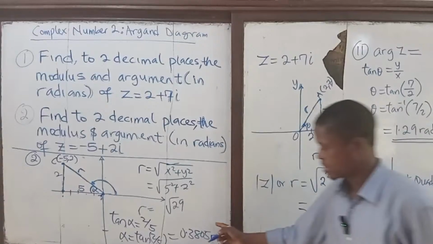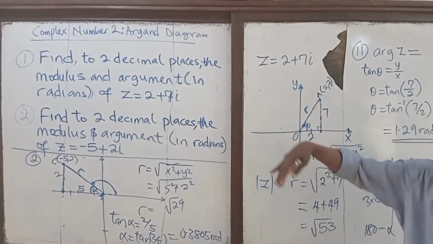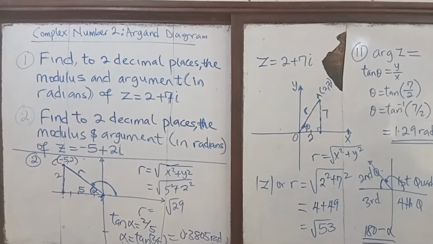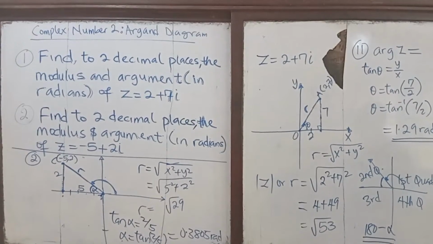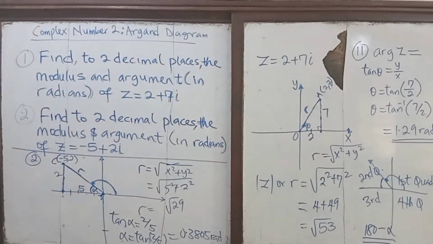You can stop here, but to get the full mark, get the angle because it's an angle on a straight line. That is the second quadrant.